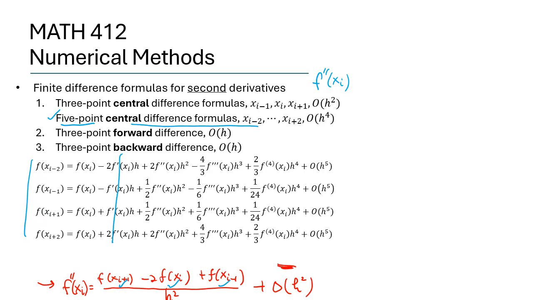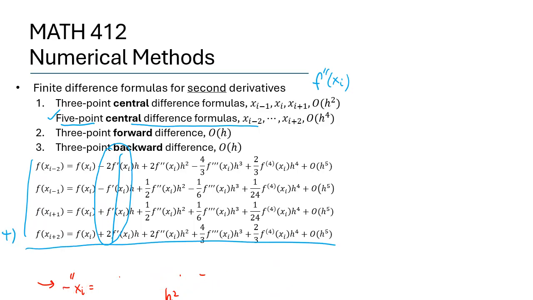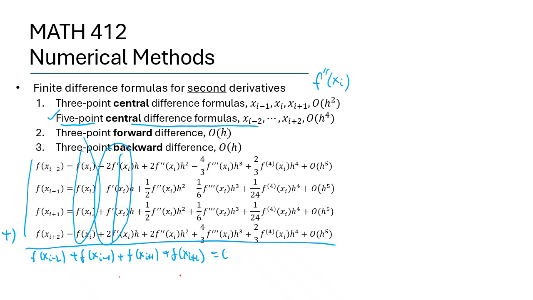We want to cancel out this term, and actually just simply add all the terms. This will cancel out, right? Good. So we just do addition, and you can have another formula. That's f of x_{i-2}, x_{i-1}, x_{i+1}, x_{i+2}. And you have 4 f of x_i, and this survives.